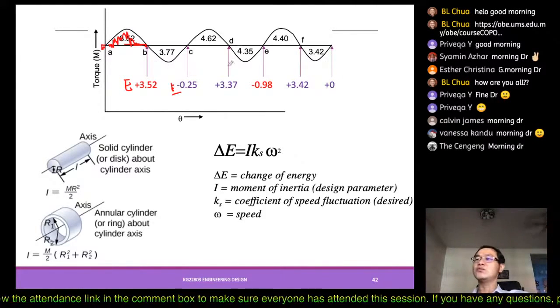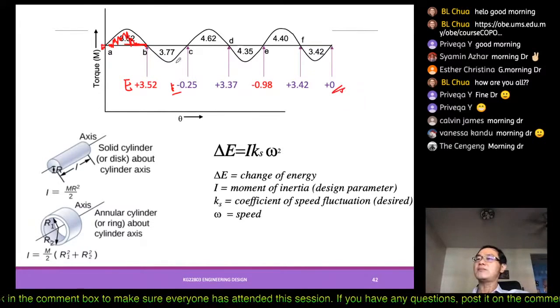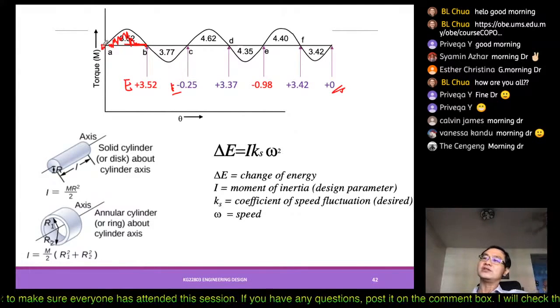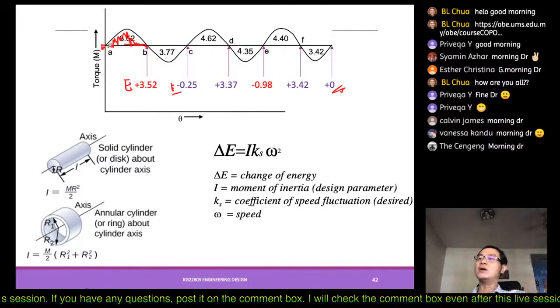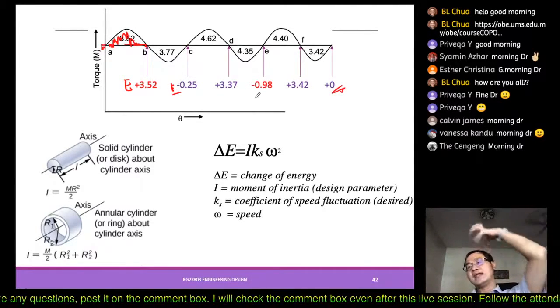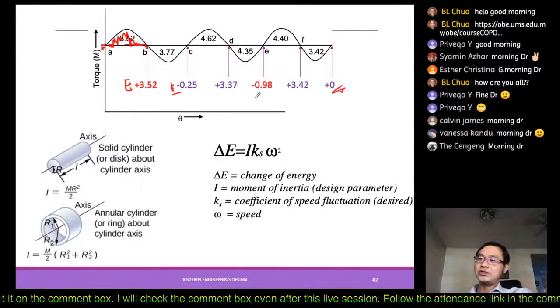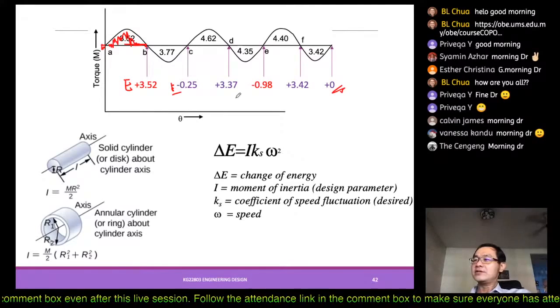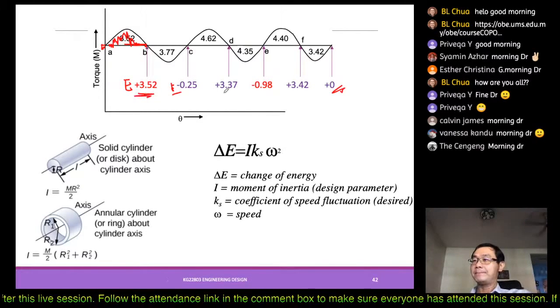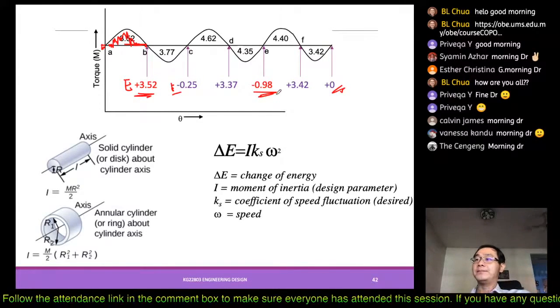So eventually in one cycle this will return back to the original average power, or energy stored. Therefore you can see that there is a maximum and a minimum energy throughout this cycle.